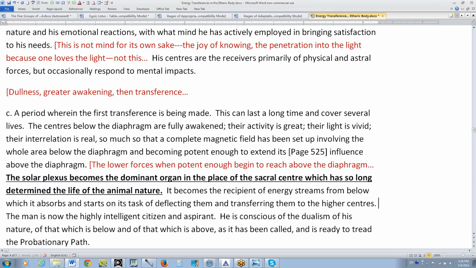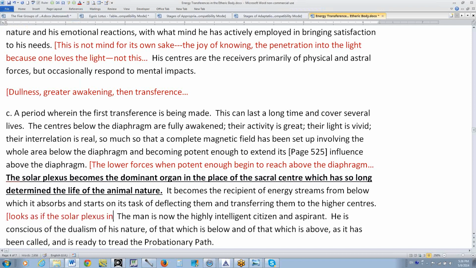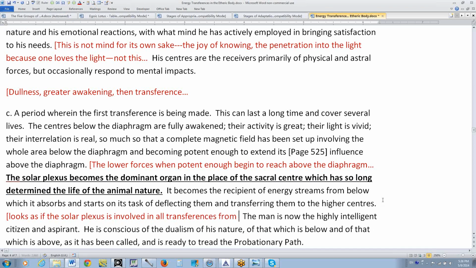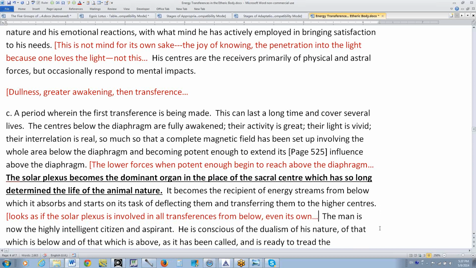So it looks as if the solar plexus is involved in all transferences from below, even its own, when it goes to the heart. The man is now the highly intelligent citizen and aspirant.